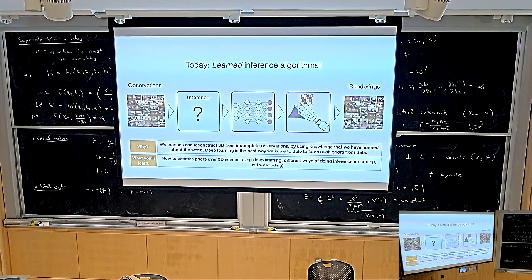Today we're going to talk about how we can use all of the things we discussed so far to train neural networks such that they can go from single or incomplete observations to 3D reconstructions of the real world. This is going to be 3 lectures because it is obviously a huge topic, and it is extremely active. Every year at CVPR there are more than 100 papers on this.